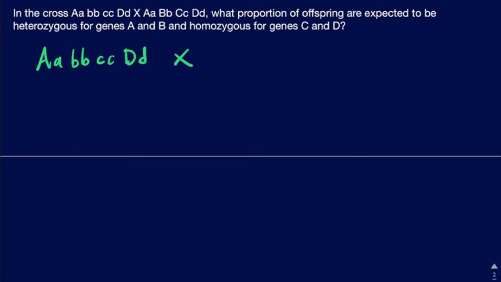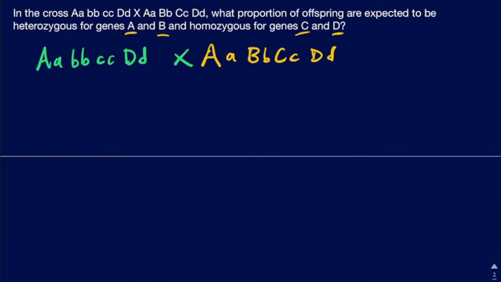And then from the dad, I'll do a different color. So in this cross, we want to know what proportion of offspring are expected to be homozygous or heterozygous for genes A and B, and homozygous for genes C and D.